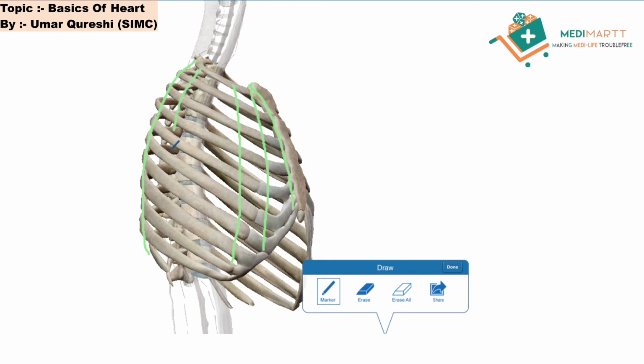The posterior part of the ribs extends up to the posterior angles. There are two angles in a rib. One is the posterior angle present at the posterior side here, and one is the anterior angle present at the anterior side here. So the posterior part of the ribs extends up to this portion, the posterior angles.